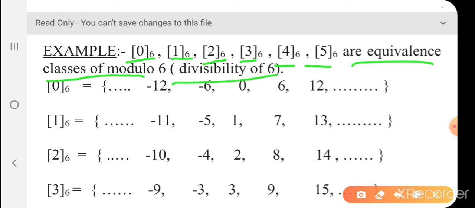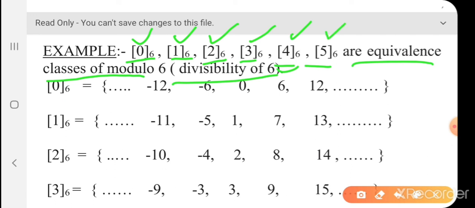That means when a number is divided by 6, the set of numbers giving remainder 0 is the 0 equivalence class. The numbers giving remainder 1 form the 1 equivalence class, remainder 2 the 2 equivalence class, likewise remainders 3, 4 and 5 give the 3, 4 and 5 equivalence classes.